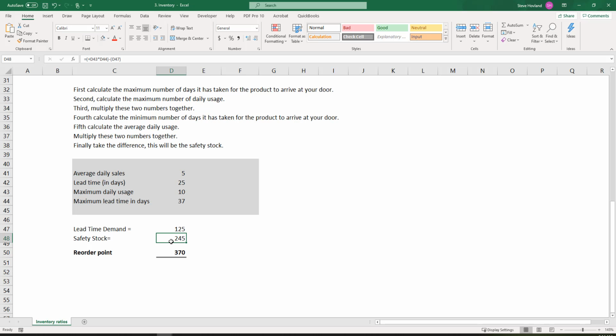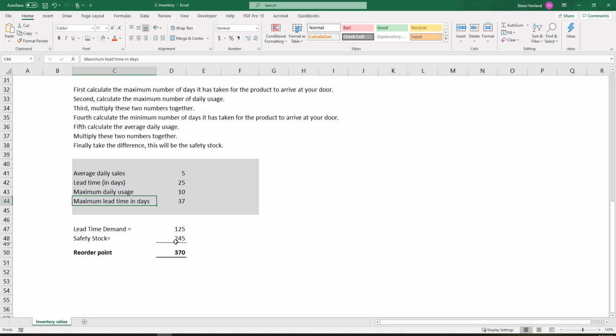So keep in mind you may have seasonality issues where you have to adjust this reorder point. The way that gets readjusted is in your maximum usage and maximum days. So if during your seasonal time your maximum usage is, instead of 10 in this case, let's say 25, then you change that to 25, and that'll help you identify what your safety stock should be.